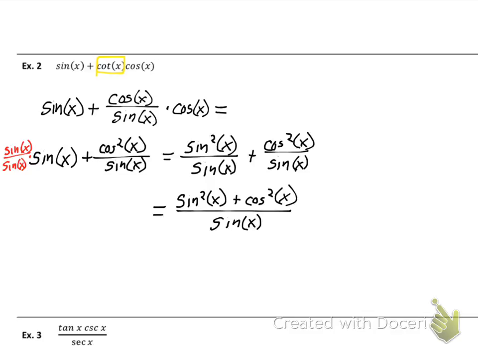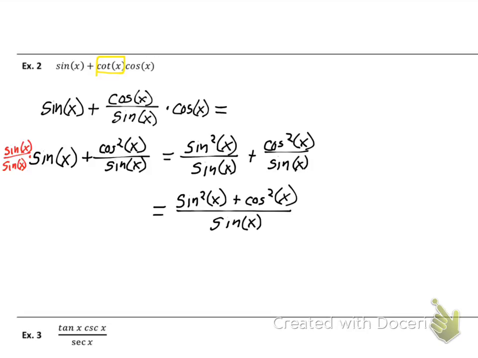Look at that top. It says sine squared x plus cosine squared x. What could we write that as? If you're not sure, look at your identities. It's going to be one you're going to be using a lot. What does sine squared plus cosine squared equal? Yeah. It equals 1.